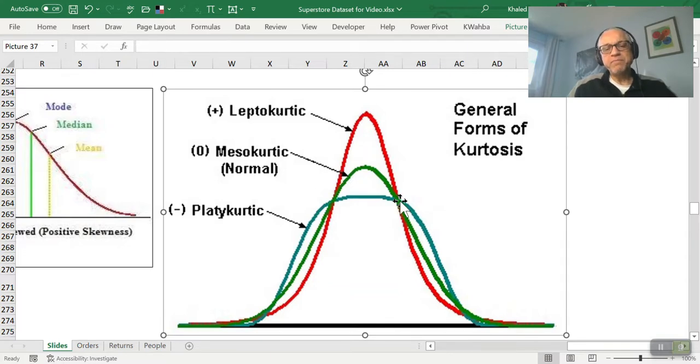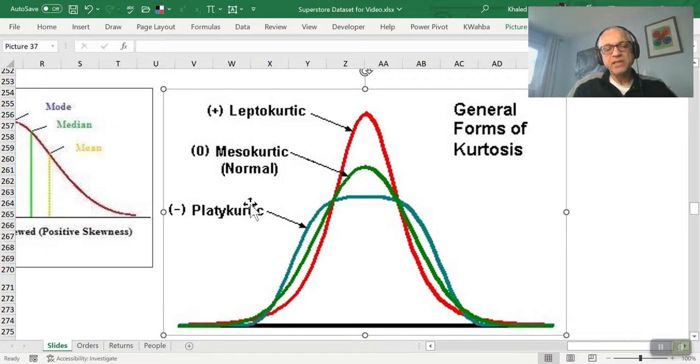So when you see a very clear peak in your distribution of data, you know that the data has positive kurtosis. But if the peak is not clear and you have multiple columns that are more or less similar to each other, like uniform in the middle, then you know that it is negative kurtosis.